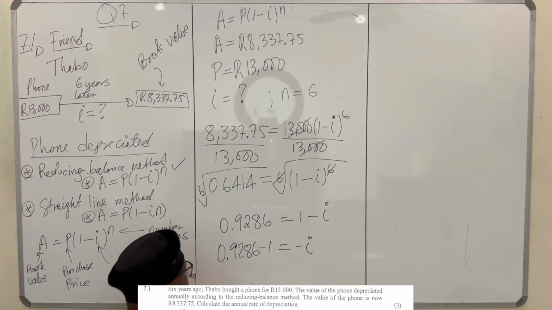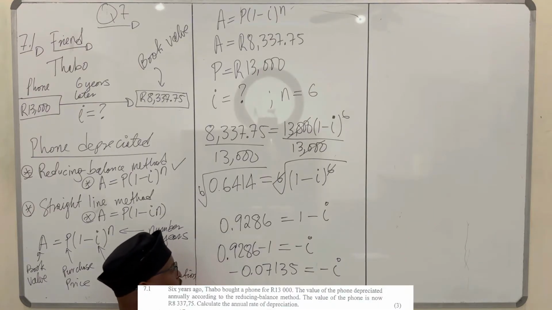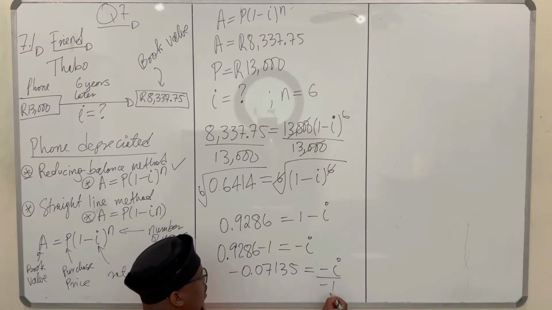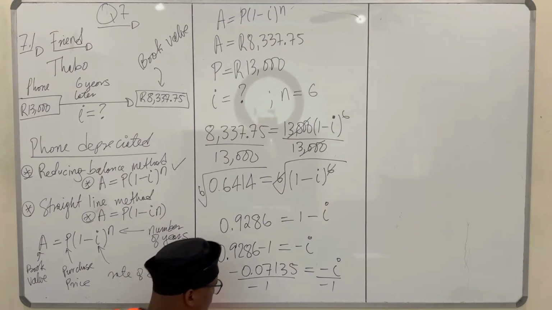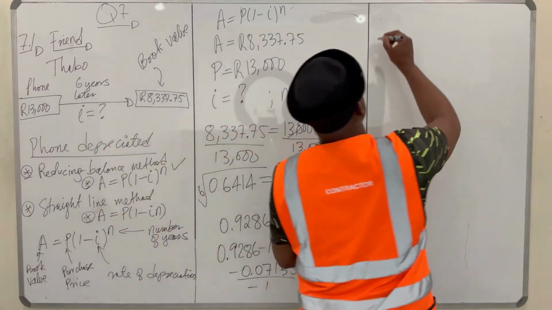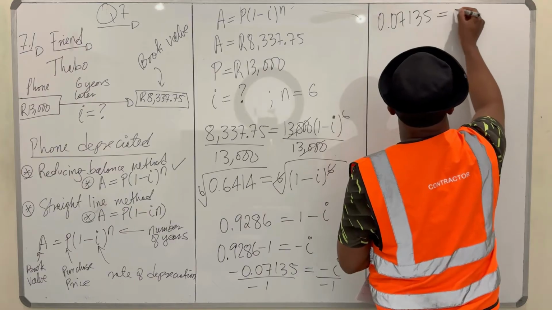You say this minus 1, so you get negative 0.071135, which is equal to negative I. But you're looking for the rate, so divide by minus 1, divide by minus 1. Right? No problem. So you find that 0.07135 is equal to I.